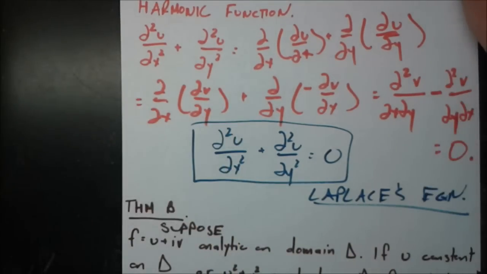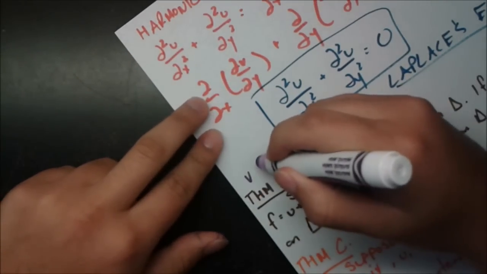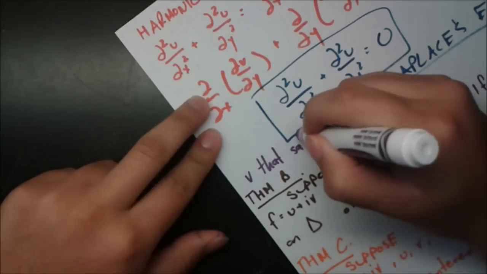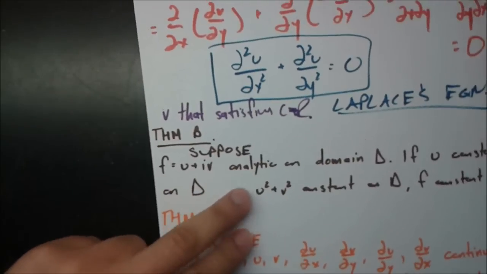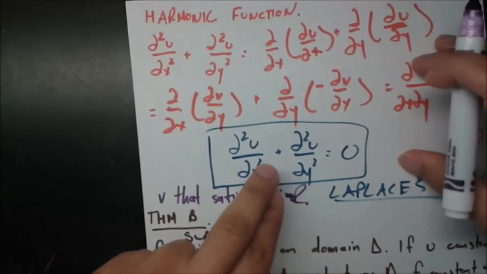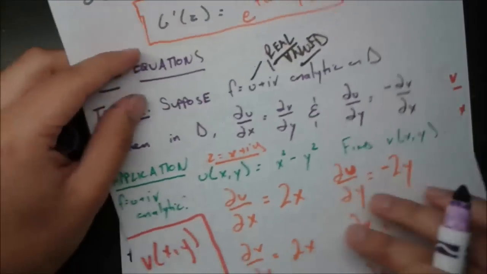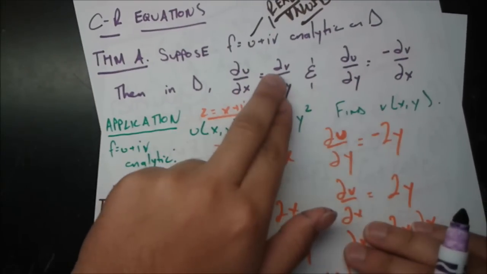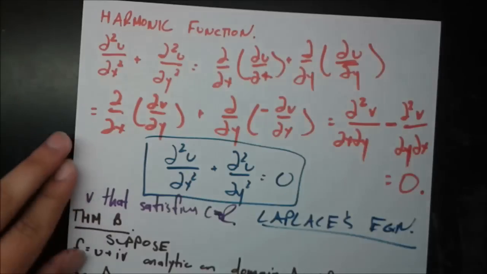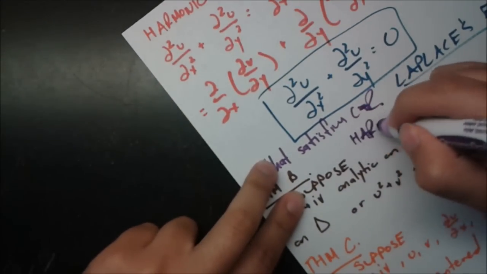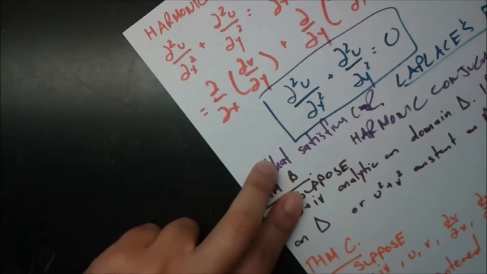Furthermore, something to note is that any v that satisfies the Cauchy-Riemann equations with that u works like this. First of all, we have u, which is a harmonic function, and if we choose that u in our Cauchy-Riemann equations back here, and we find a v that works with that u, so that this equals this and this equals this, that v is denoted as the harmonic conjugate of u.